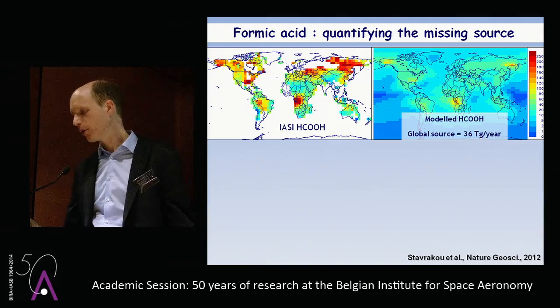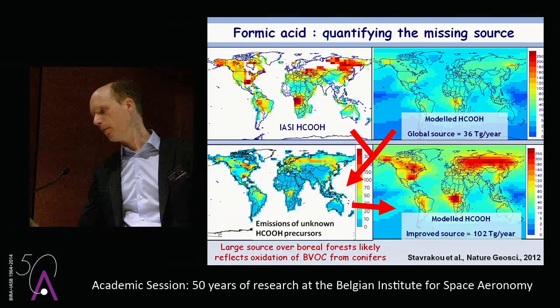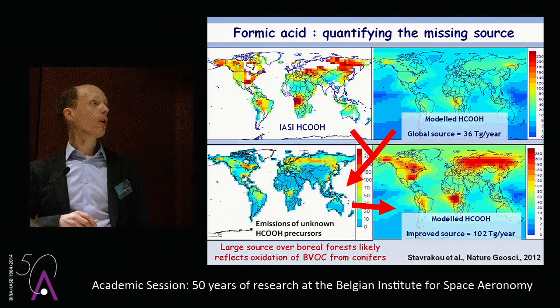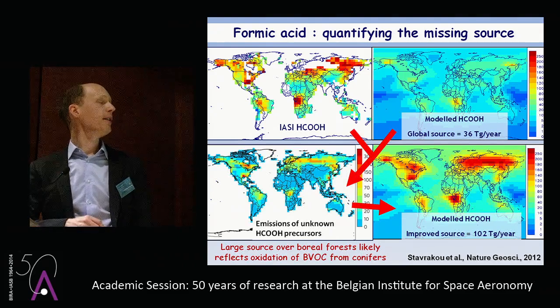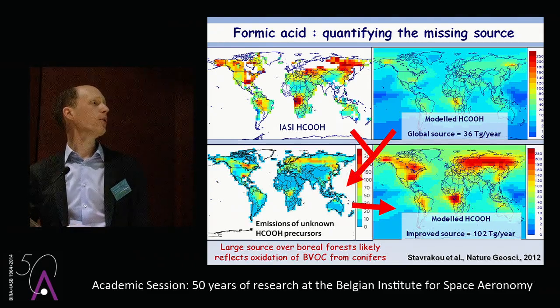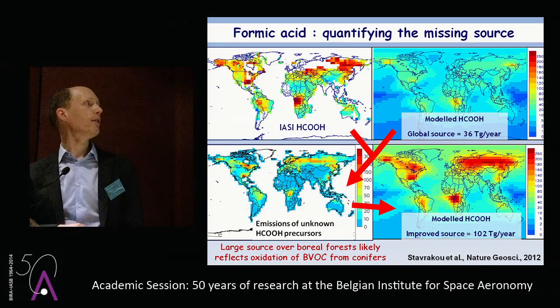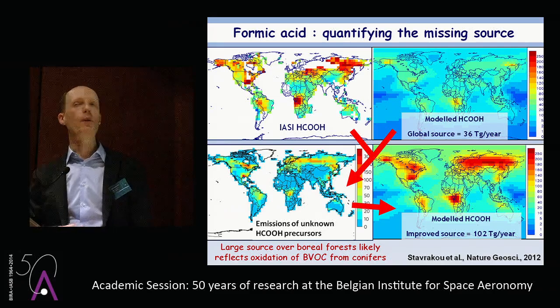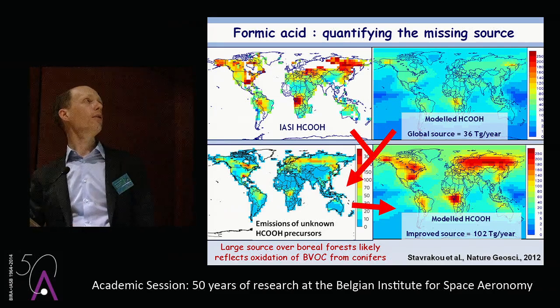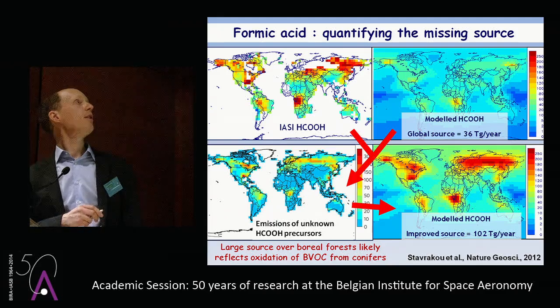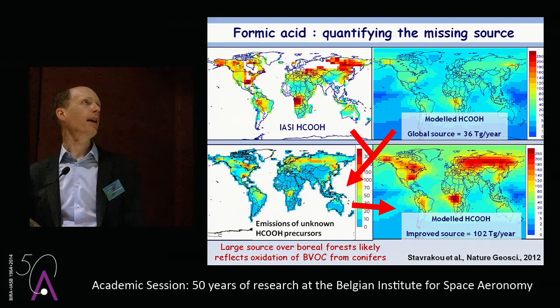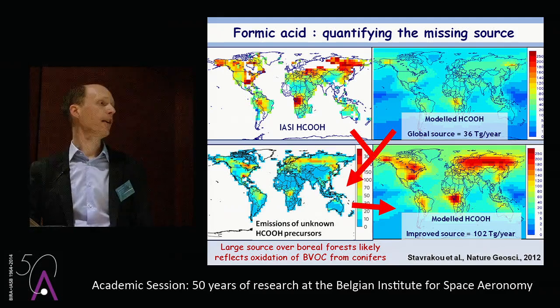That's a long-known problem, and so we had to invoke some unknown formic acid precursors. And this is a distribution of the emissions that we have to introduce in the model in order to get a distribution which looks similar to that one. And so we quantified the missing source of formic acid.